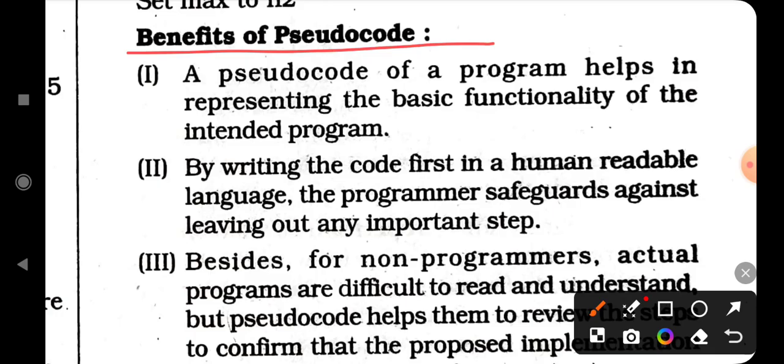By writing the code first in a human readable language, the programmer safeguards against leaving out any important step.